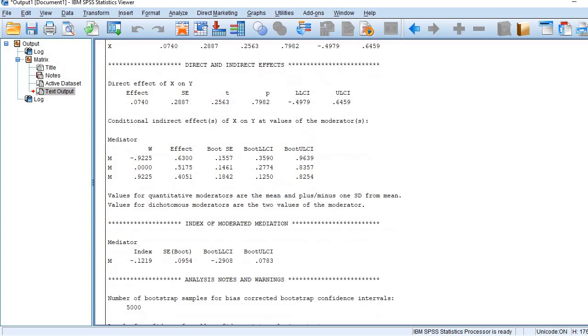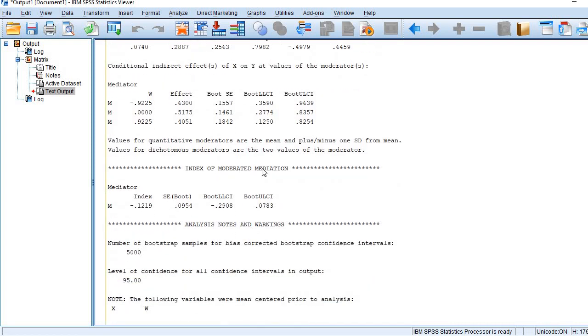Let's see whether it is statistically significant or not. Look here at the index, the index of moderated mediation. Here the lower limit is negative and the upper limit is positive, so zero falls in between these two extremes. Hence we can say that moderated mediation is statistically non-significant.